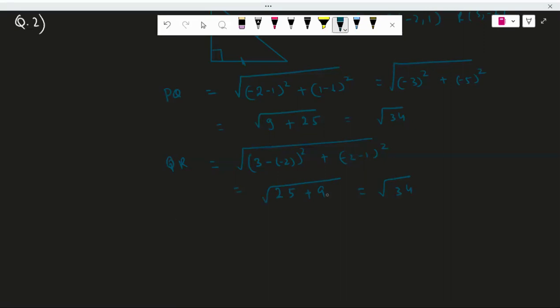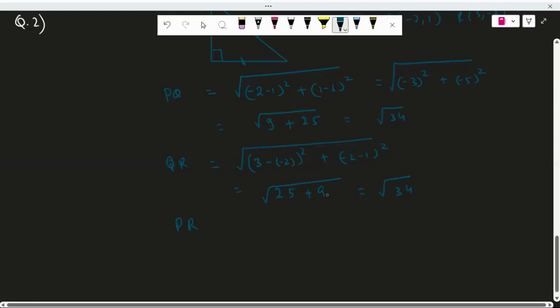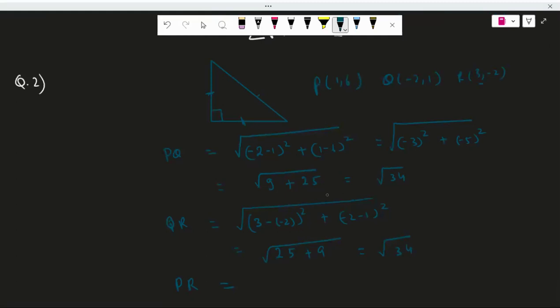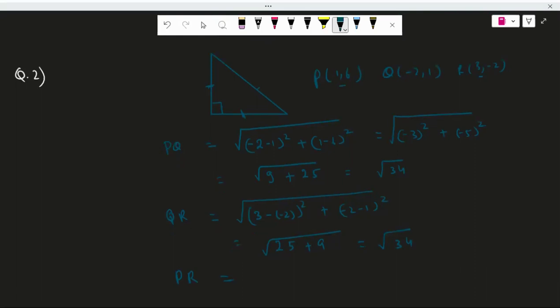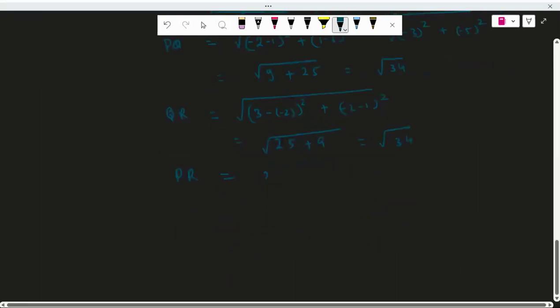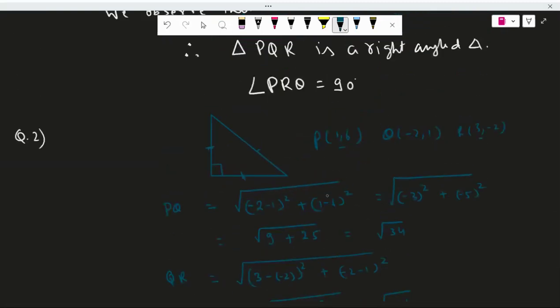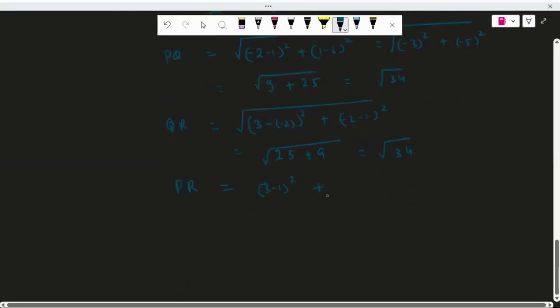Now we have to find PR. PR is the square root of 3 minus 1 whole square plus negative 2 minus 6 whole square.